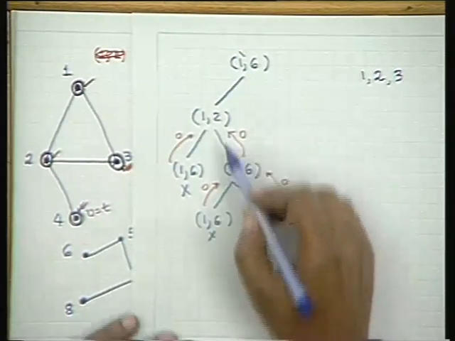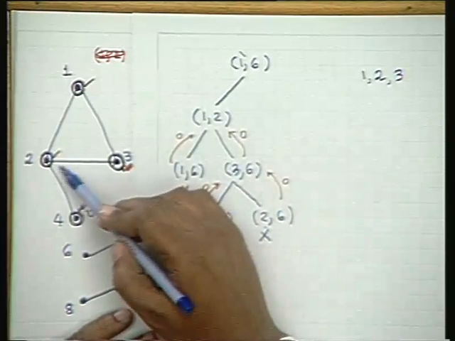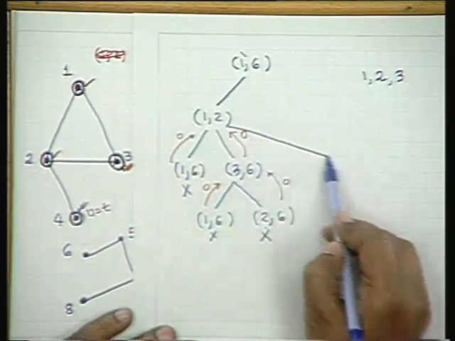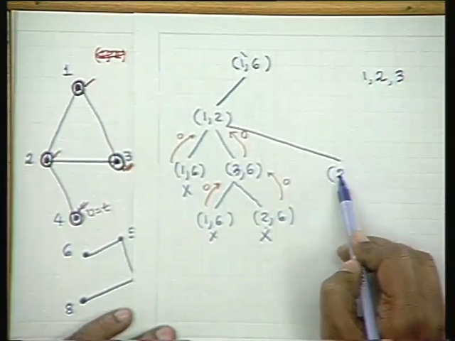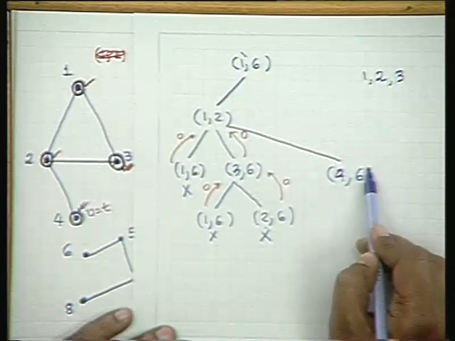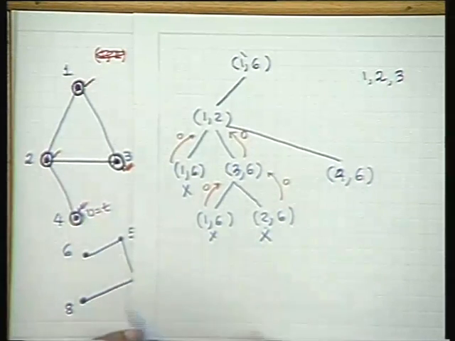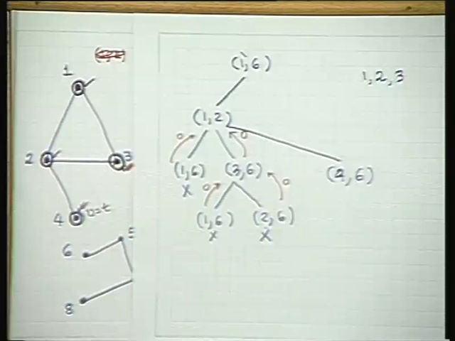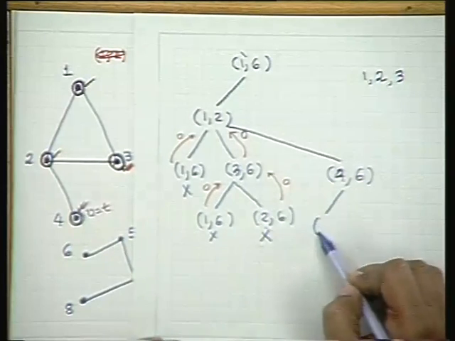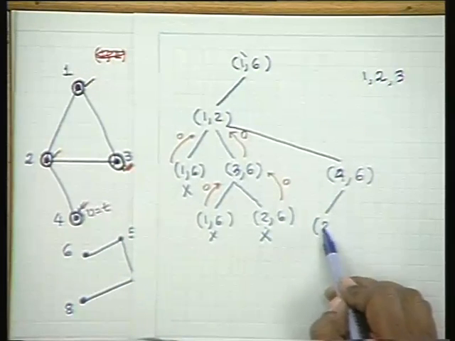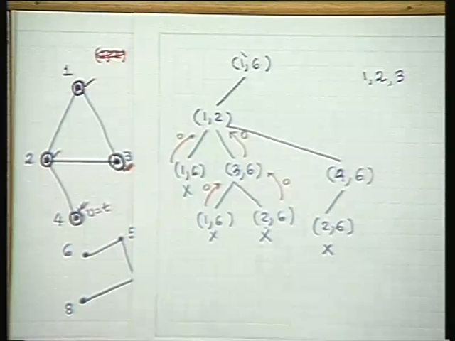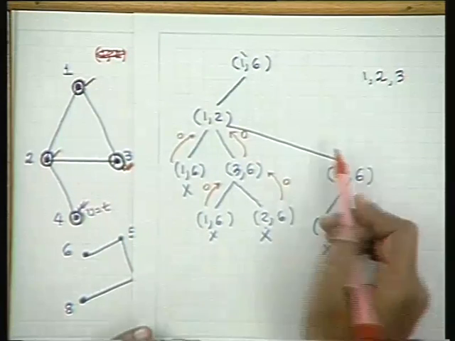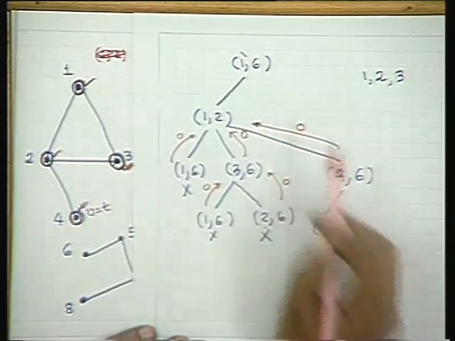Sorry, 2, it will no, 2 will continue. 2 has tried 1, 2 has tried 2, 2 will continue and try 2 and try 4, 6. 4, 6 on the other hand will try 2, 6 and fail, and it has got no other edges, so this will fail and return 0.